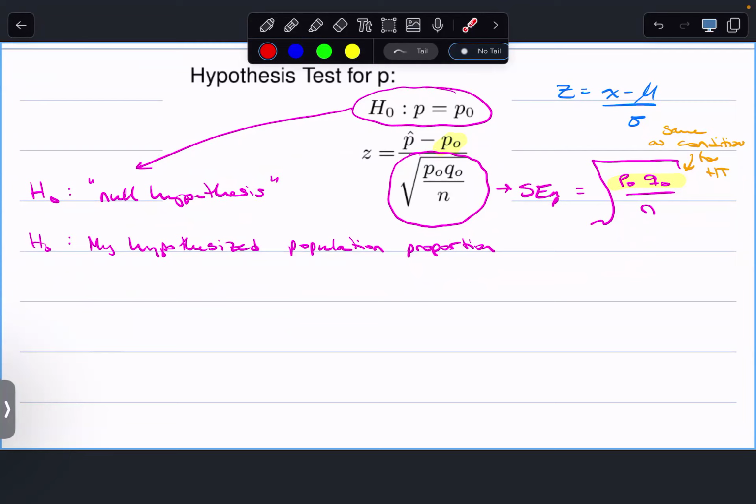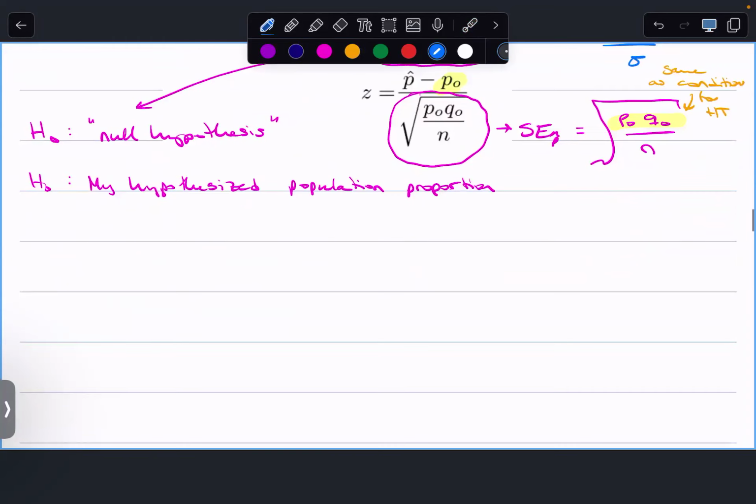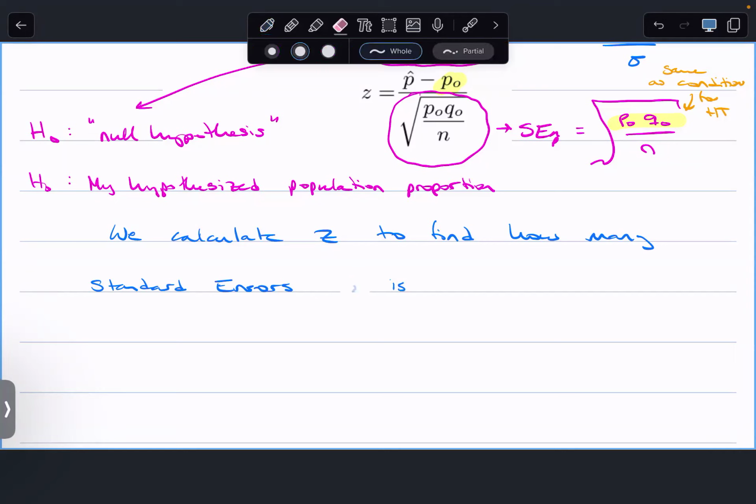I made a typo. All right, so really what this Z, we calculate Z to find how many standard errors, right? P hat is, or our sample proportion, I'll write it up properly.